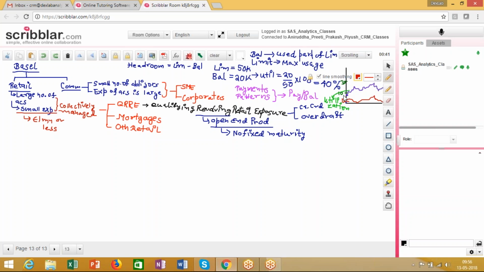That's one. Now another important variable which gives us insights into the behavioral risk associated with credit cards, or associated with open-ended products, is the delinquency variable and the month on books variable. So there are two variables.